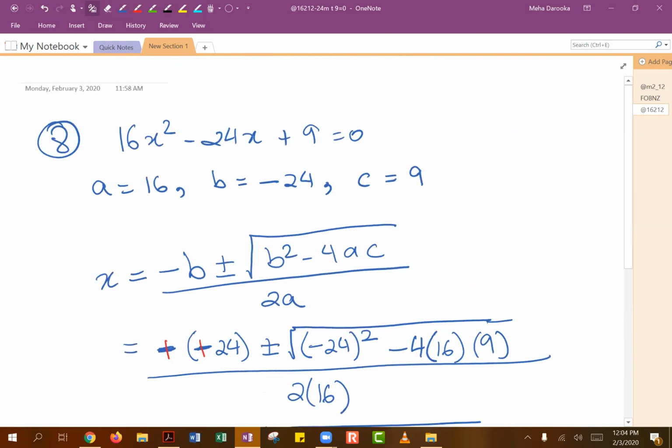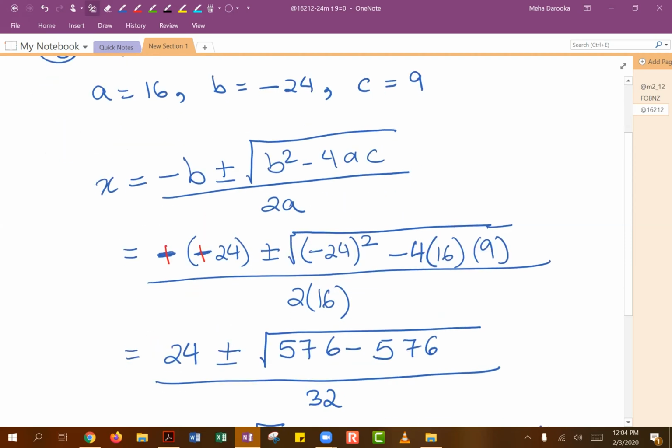So again, we started out by identifying our A, B, and C values. Remember, you take the sign with the number. So since our 24 was negative, your B value becomes negative 24. Now, since your formula has negative B, that's the negative from the formula, and then B itself is bringing a negative sign. Two negatives make a positive, so that's where the positive 24 is coming from.